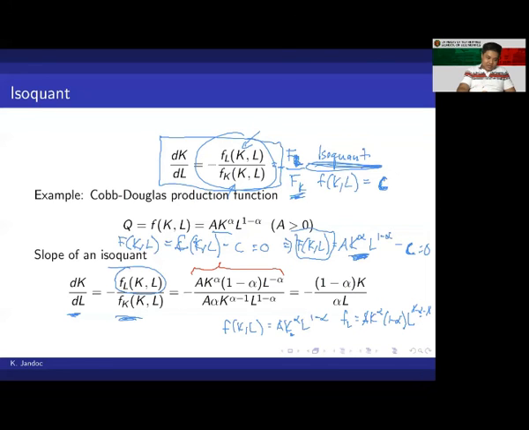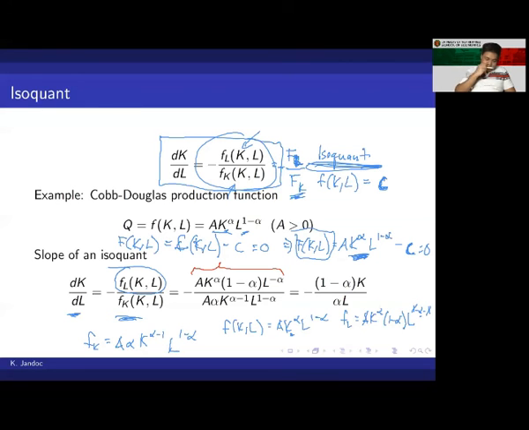Again, F_K we derive similarly. F_K is just the partial derivative of the production function with respect to K. So we'll treat L as constant. So we have A, and then the derivative of K^alpha with respect to K is putting down the exponent alpha, then K^(alpha minus 1), and then you treat L as a constant, L^(1 minus alpha).